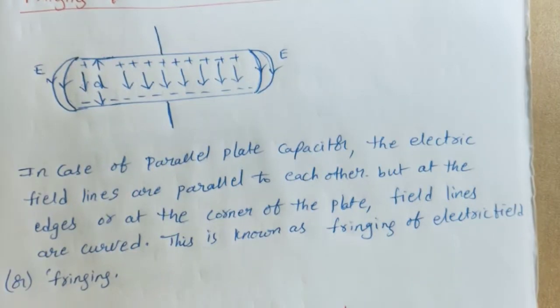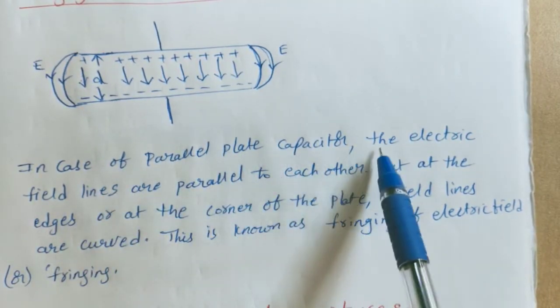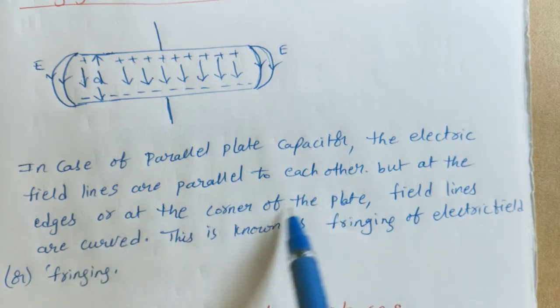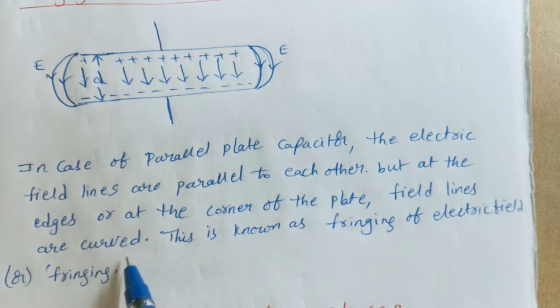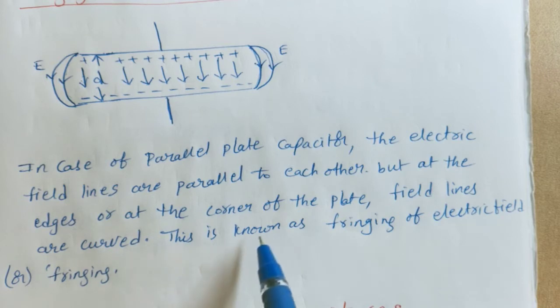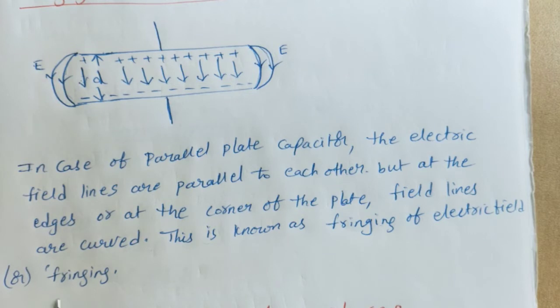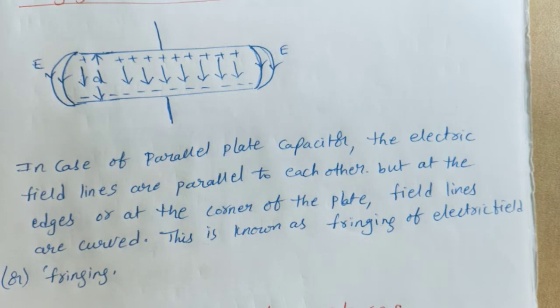To explain: in a parallel plate capacitor the electric field lines are parallel to each other, but at the edges or corners of the plates the field lines are curved or bent. This is known as fringing of the electric field, or simply fringing. This is a simple and easy concept.